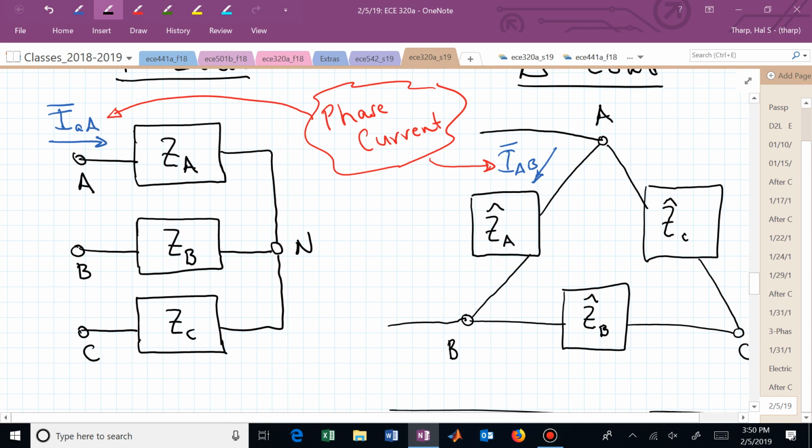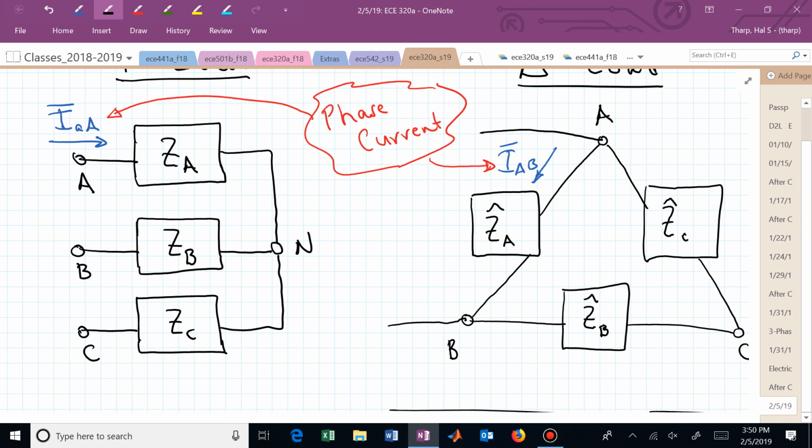I'm intentionally not indicating those on the diagram so that it's clear what I'm calling the phase current. I'm pointing to these two different currents, but they're both called the phase current, and it depends on how those loads are interconnected.